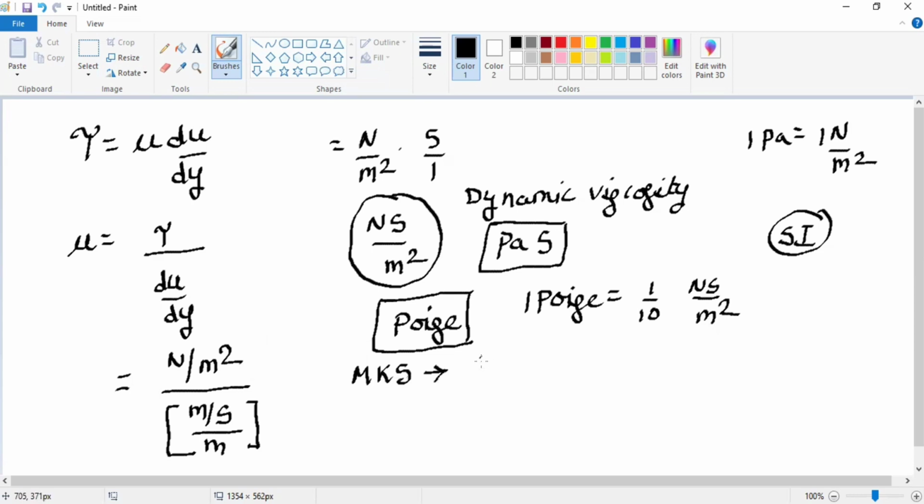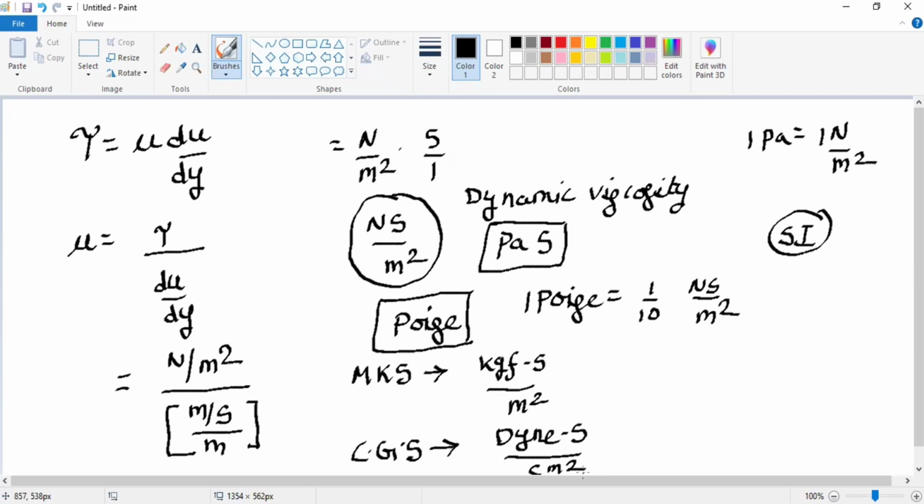MKS units are kg force second per meter square. Whereas the CGS unit for the dynamic viscosity is dyne second per centimeter square.